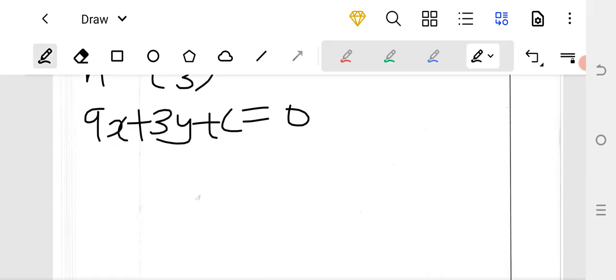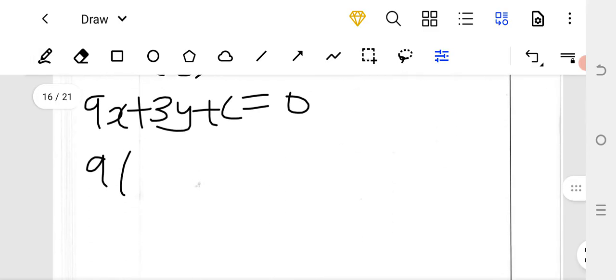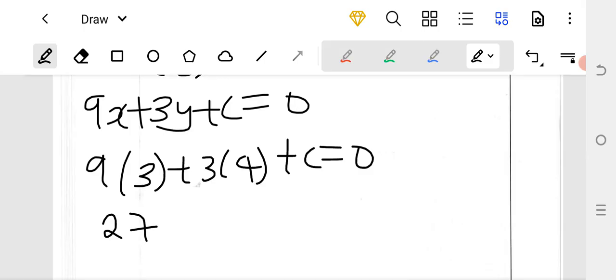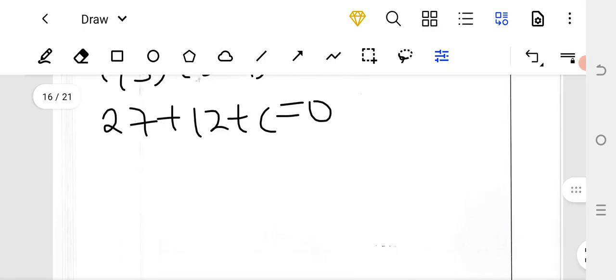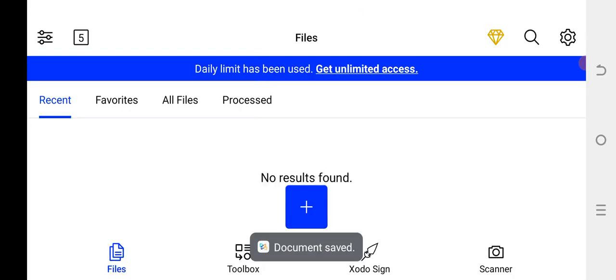It means we are saying 9 multiplied by the x coordinate for R2, and the y coordinate is here, so (3, 4). 9 multiplied by 3 plus 3 multiplied by 4 plus c is equal to 0. So 27 plus 12 plus c is equal to 0. 27 plus 12 is 39, plus c is equal to 0. So c is equal to negative 39.